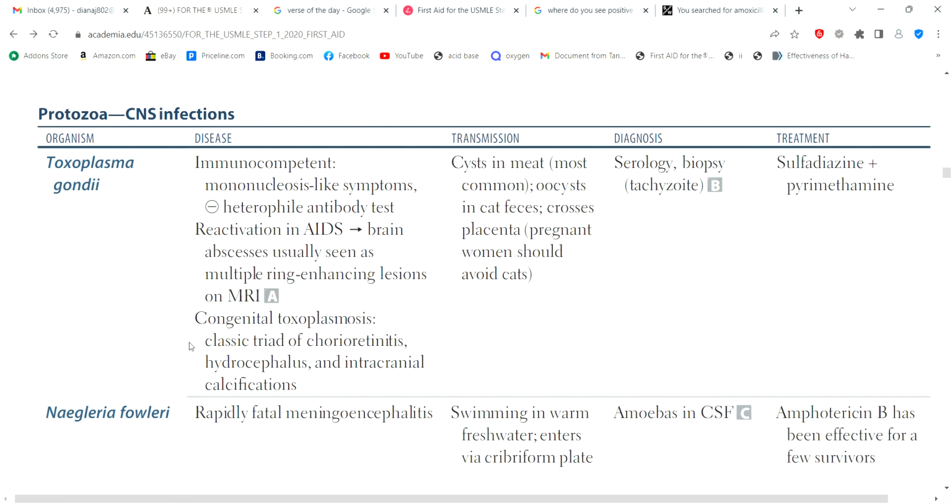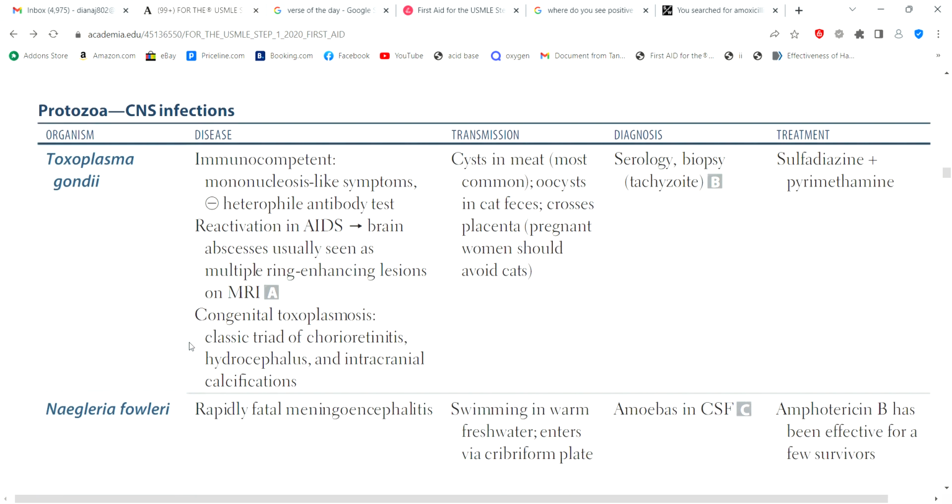Okay, so now we're going to go through what you really have to know about Toxoplasma gondii. It has a negative heterophile antibody test. It can be reactivated in AIDS.